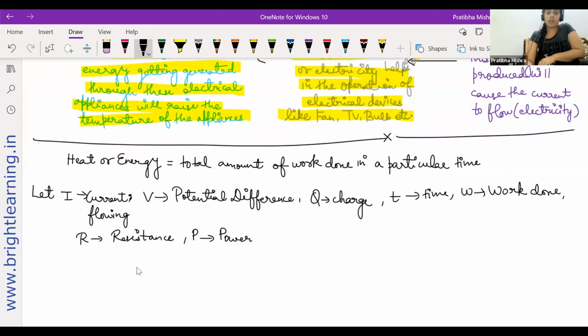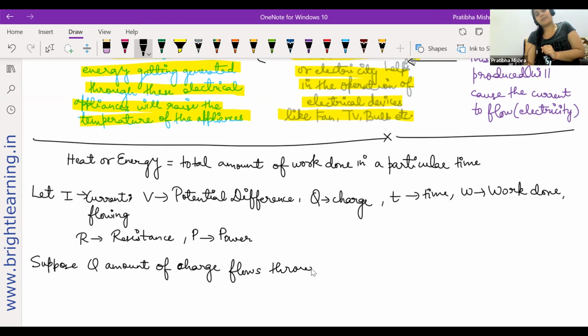Now we will see, suppose Q amount of charge flows through the battery. Some charge will flow through the battery because of electrons.